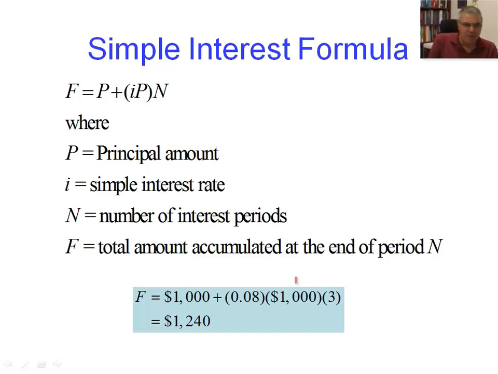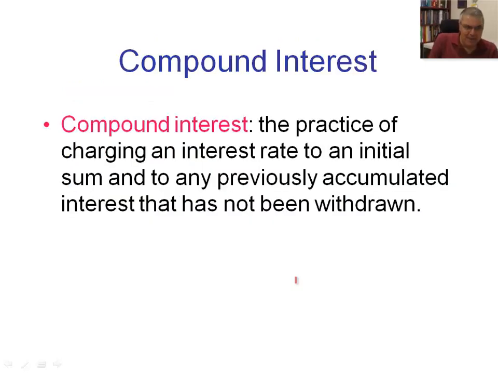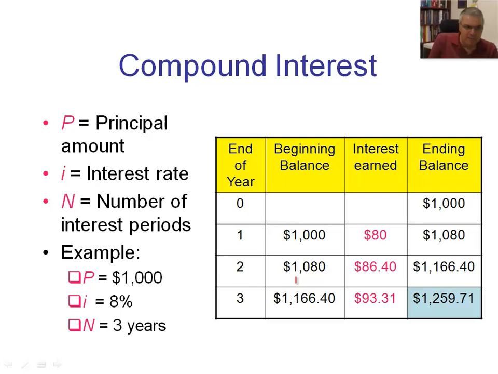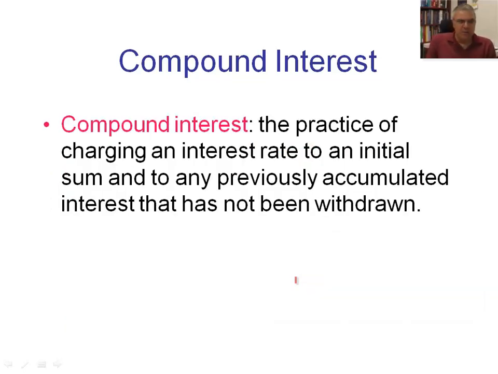The formula for simple interest is F = P + iPN, in which P is the principal amount, i is the interest rate, N is the number of interest periods, and F is the total amount accumulated at the end of period N. So let's compare that with compound interest.